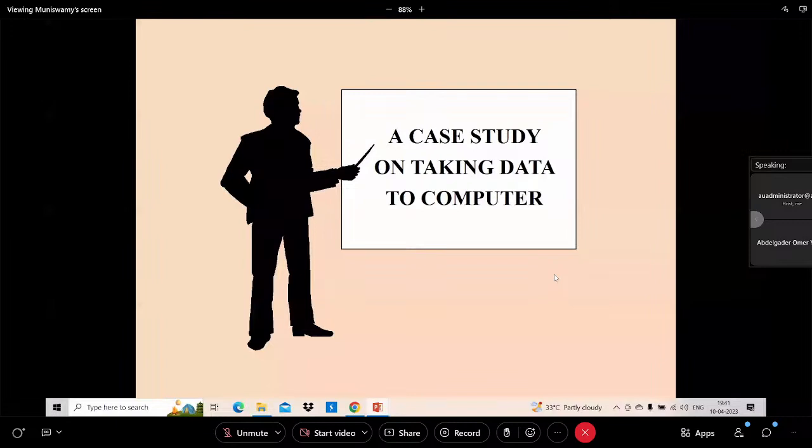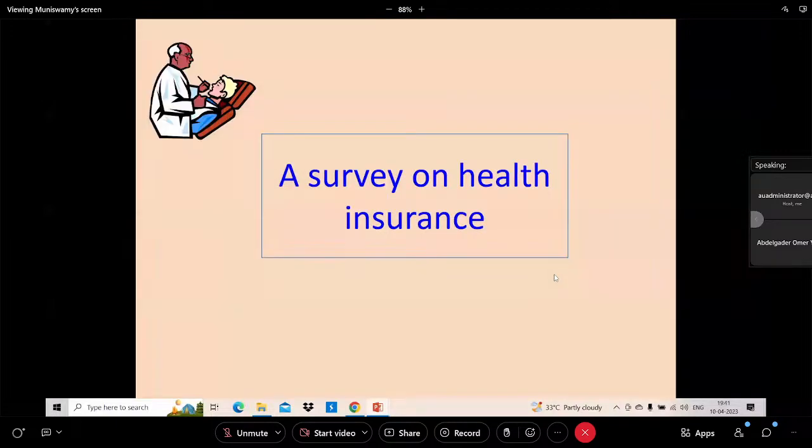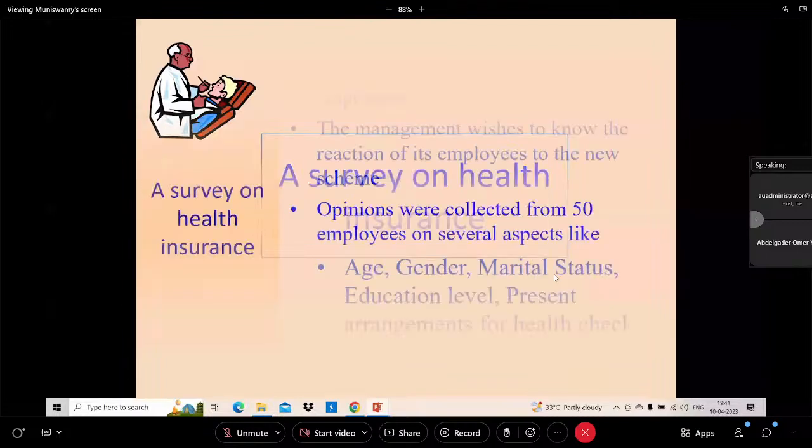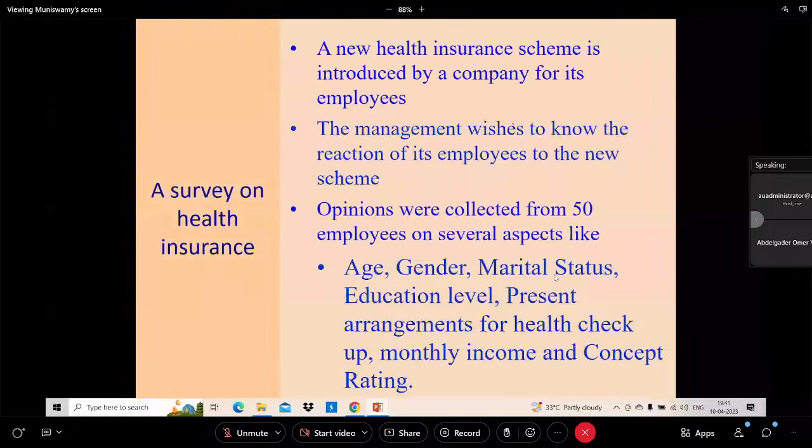Now you see a survey on health insurance. This is a general, common case study I am taking. This is one project: a survey on health insurance. What is the main purpose? A new health insurance scheme is introduced by a company for its employees.